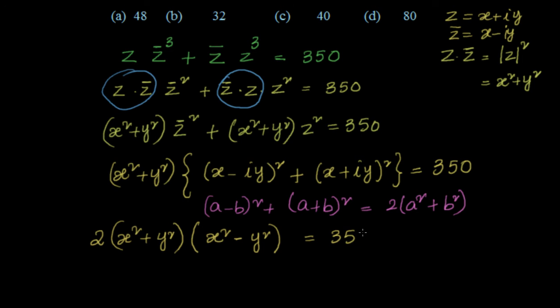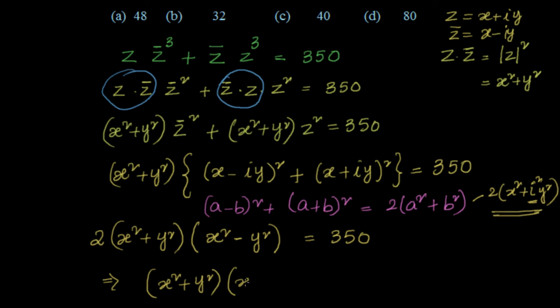I hope you are okay with that. When we multiply, we get 2(x² + i² y²), but i² is −1, so I can write x² − y². Let's simplify this. We have (x² + y²)(x² − y²) = 175.